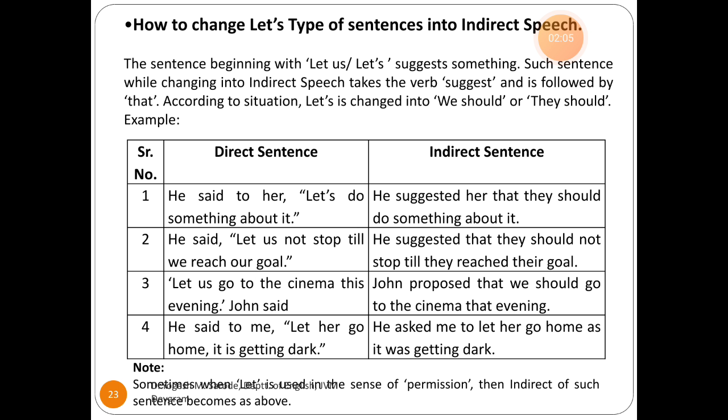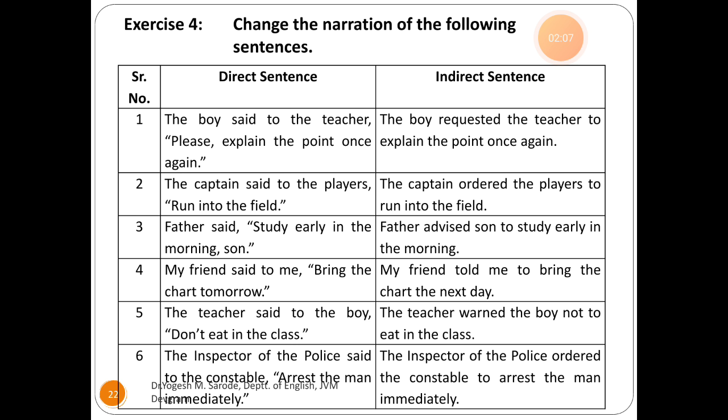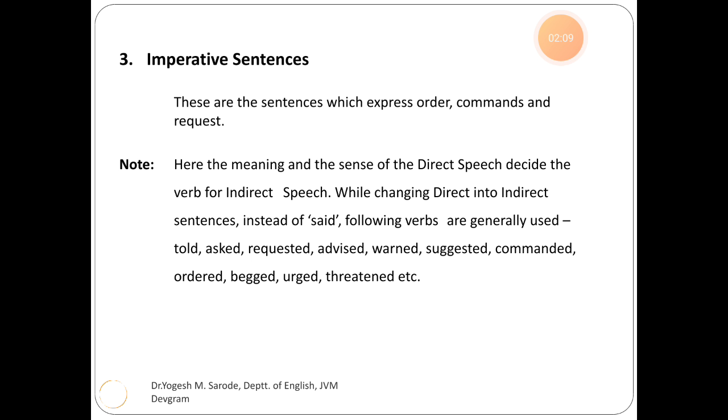Now we will see the examples. One thing is important here: in a reporting verb, while making indirect speech, we will use one of the following verbs as a reporting verb, and while replacing comma and inverted commas, we put the conjunction word to, and there is a full stop at the end.